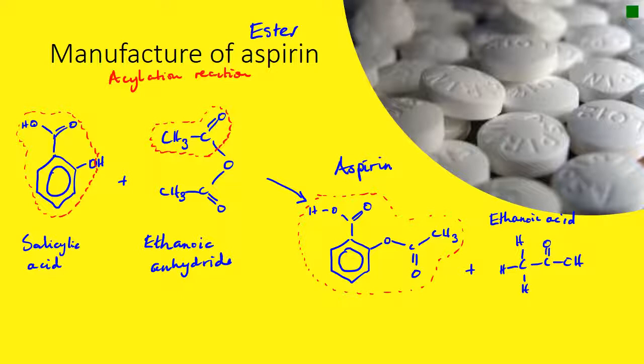Let's draw that in light blue to get together with the proton and make our secondary product, which in this case is our ethanoic acid, like so. Okay, so there we have it. That's how to make aspirin, and we might do that in class.